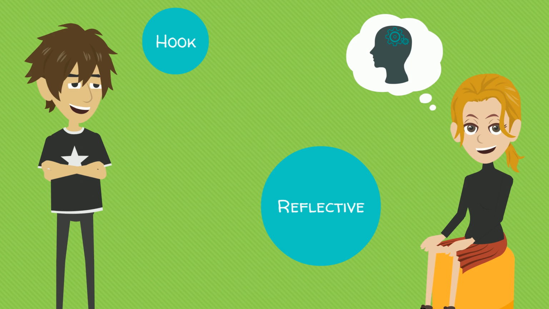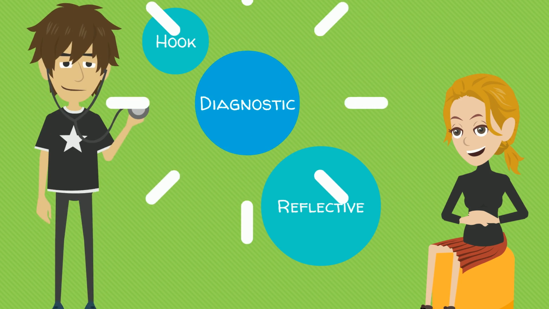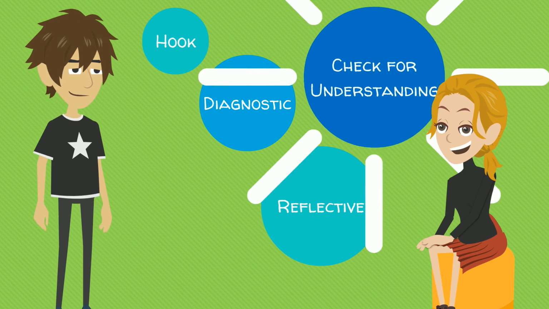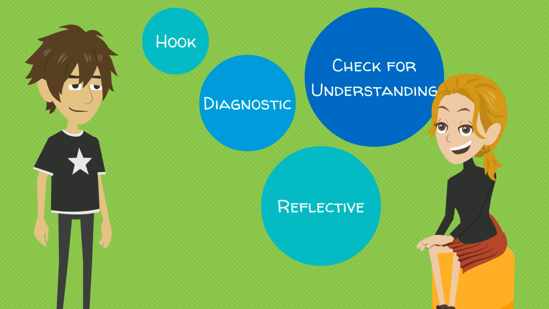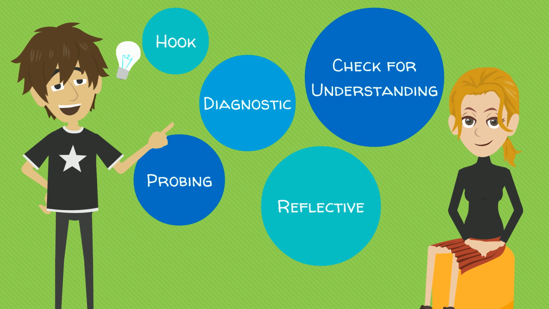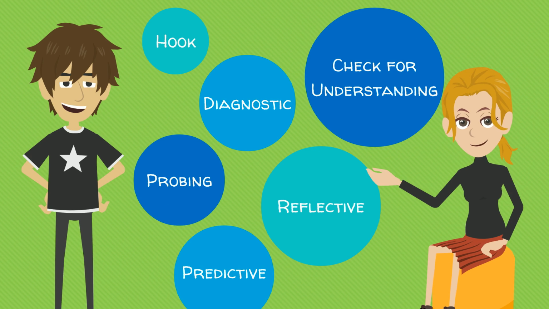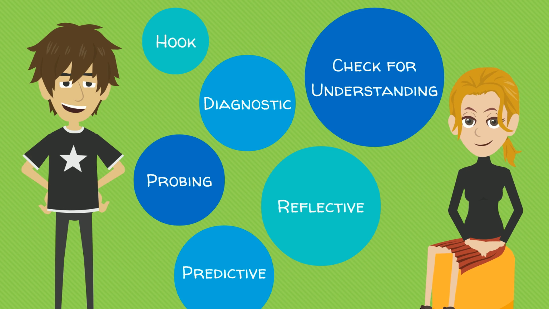Other types of questions include diagnostic questions to activate prior knowledge, questions to check for understanding as a formative assessment practice, probing questions to get into student thinking, and predictive questions that strengthen cause and effect thinking, just to name a few. More information on the types of questions can be found on the Quality Questioning Worksheet in the resources to the right of this video.